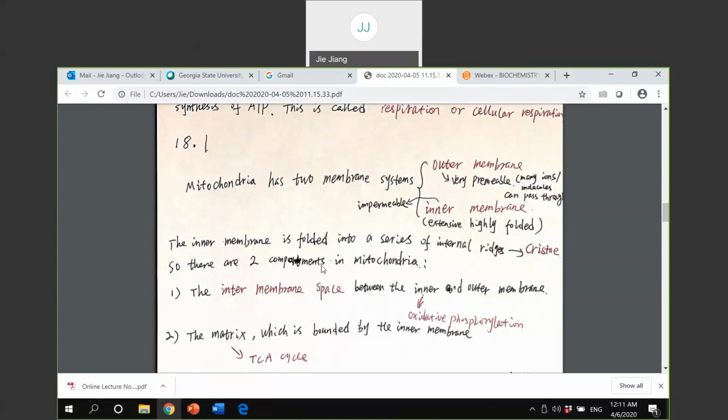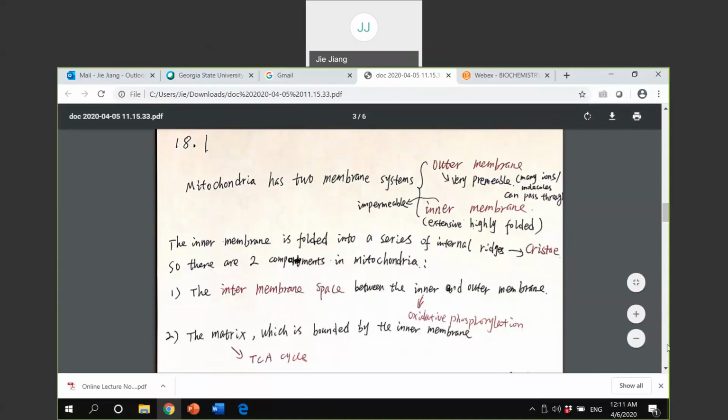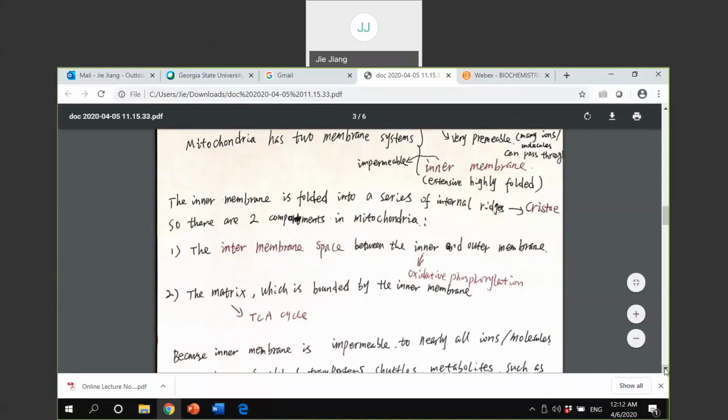So there are two compartments in the mitochondria, the intermembrane space and the matrix. We already know the TCA cycle takes place in the matrix. The intermembrane space is the space between the inner and outer membrane. The inner membrane is where oxidative phosphorylation occurs. So basically, both the TCA cycle and oxidative phosphorylation occur in the mitochondria.